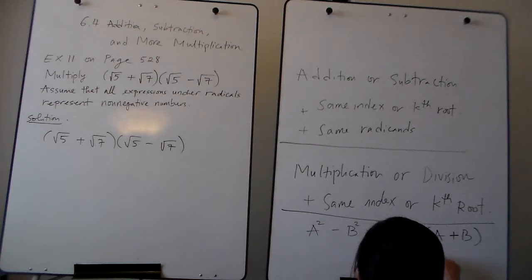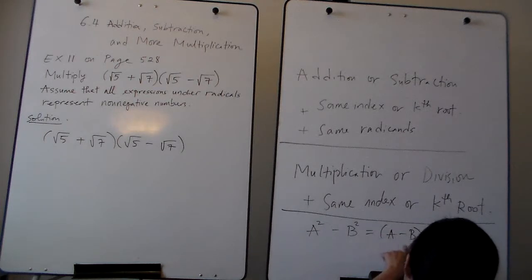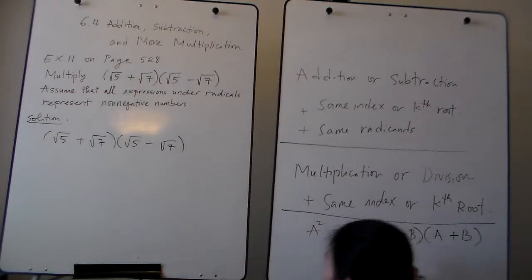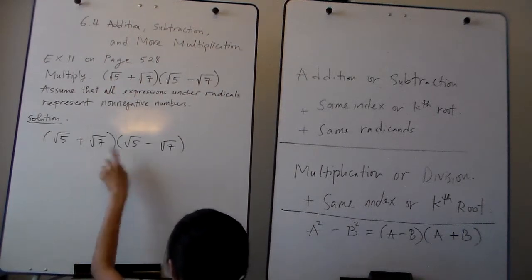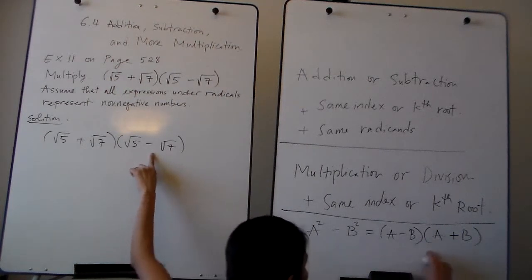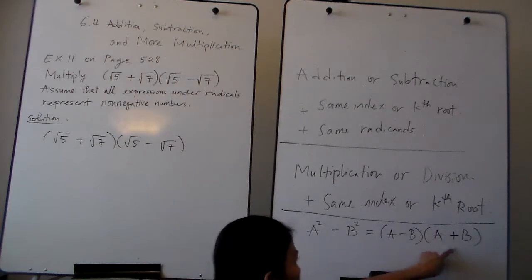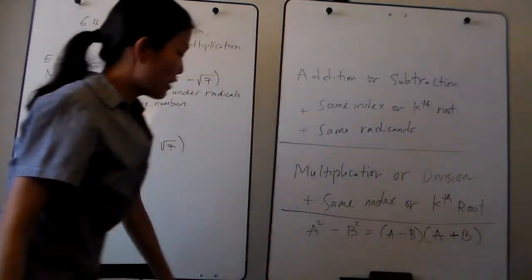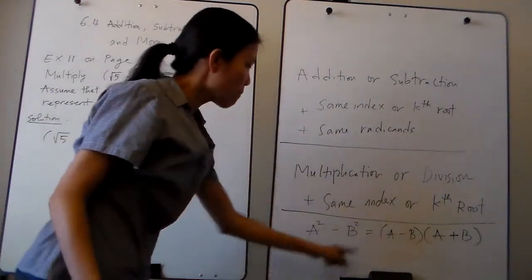So a minus b times a plus b equals a squared minus b squared. The terms are a, b and a, b with opposite signs, so we're given the form on the right-hand side. So instead of FOIL, you can use this formula.